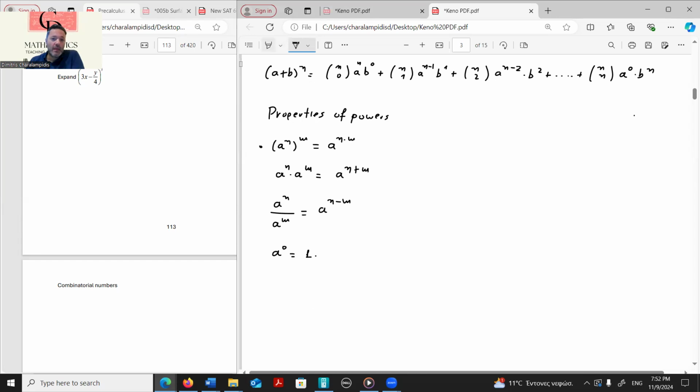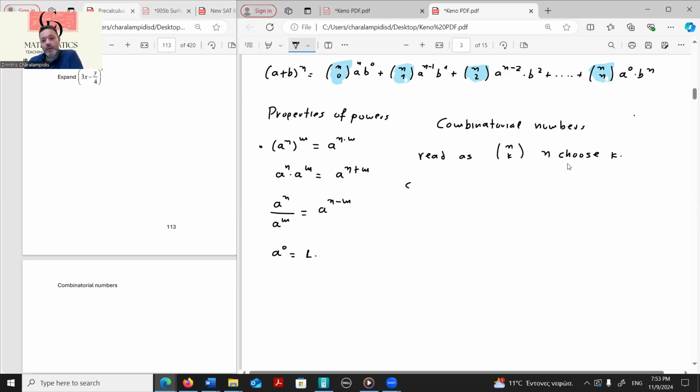Now, we have not yet mentioned what these forms here are. They are called combinatorial numbers. They read as n choose k. And why do we read them like this?